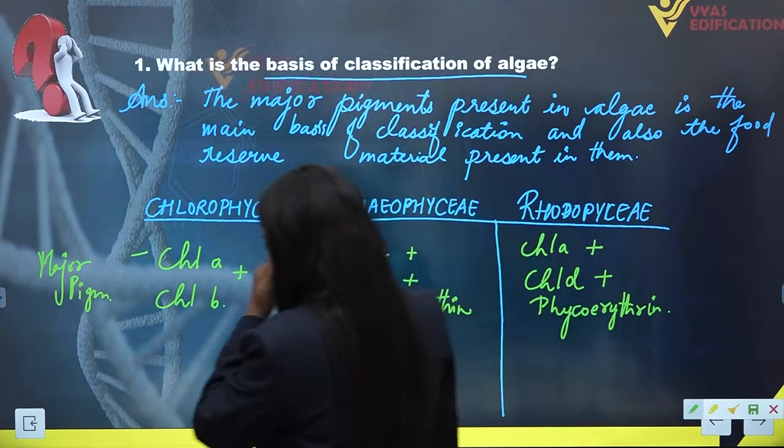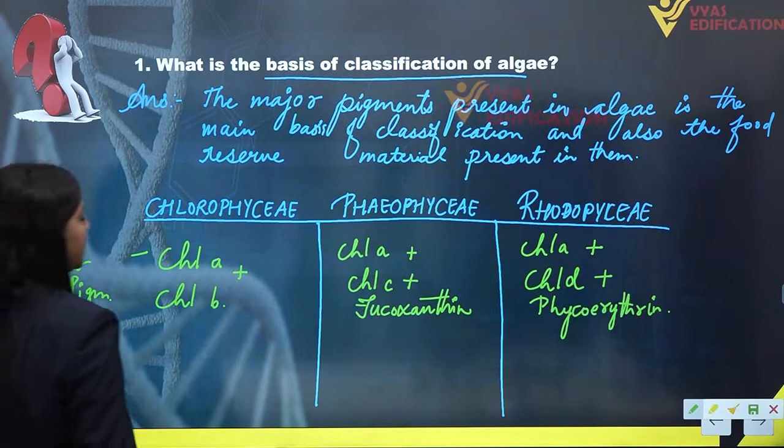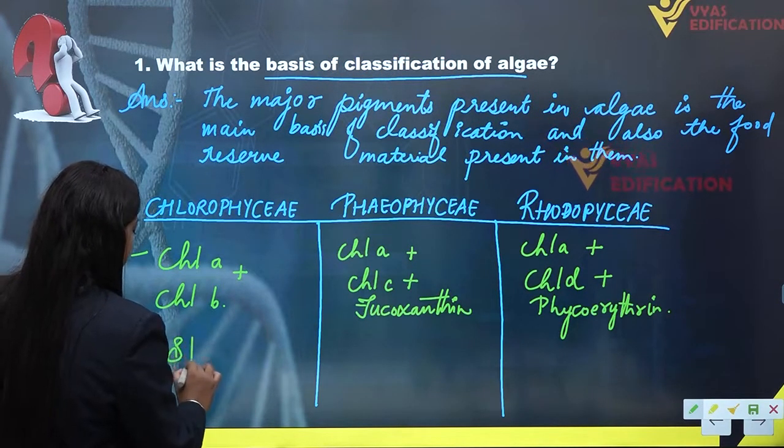Now let's talk about the food reserve material in them. The food reserve material in Chlorophyceae is starch.